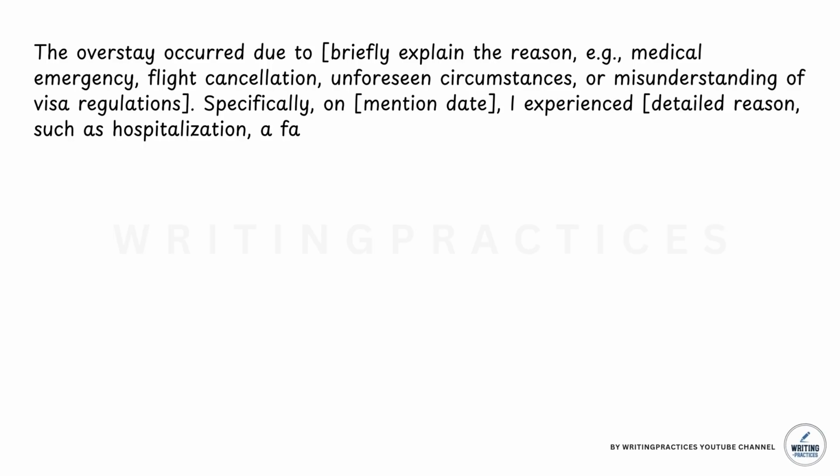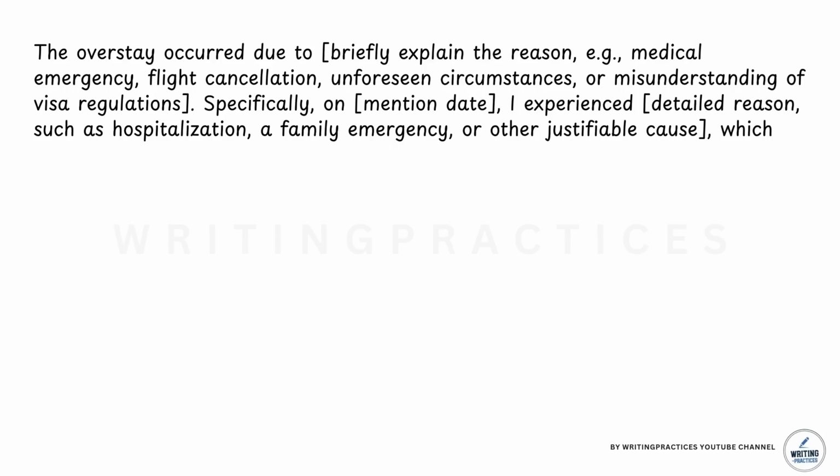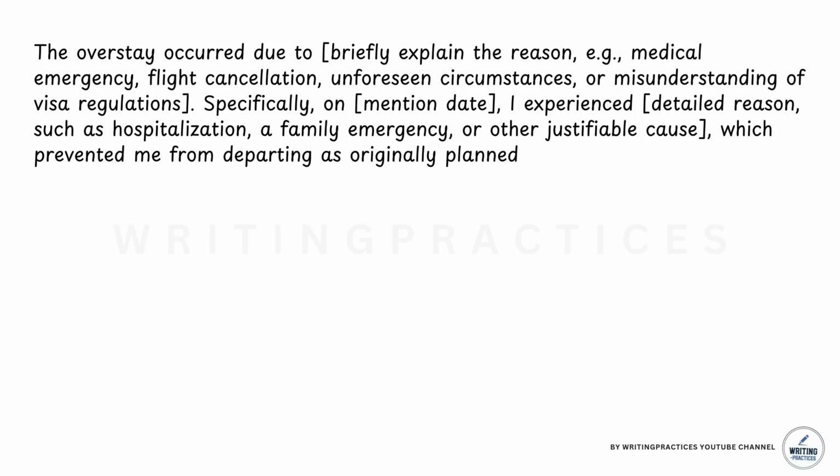For example, the overstay occurred due to a medical emergency. On March 10, 2025, I was unexpectedly hospitalized due to a severe illness, which prevented me from traveling as originally planned. I was advised by my doctor to delay my departure until I had fully recovered. By stating the exact date and nature of the issue, you give immigration officers a clear understanding of what happened.